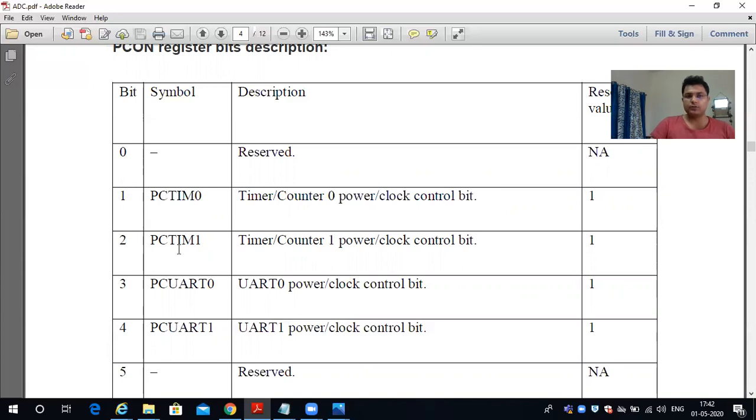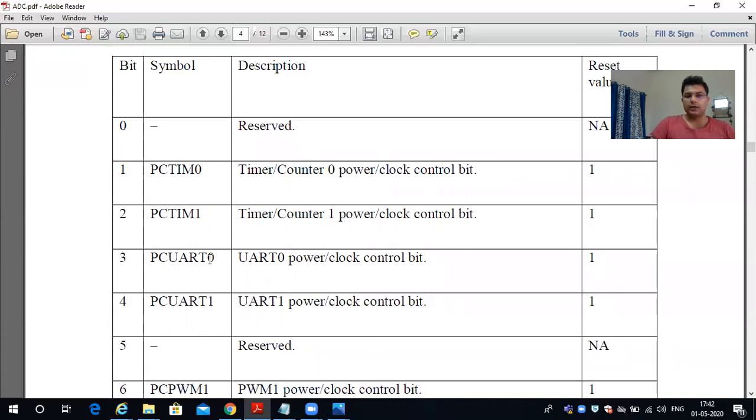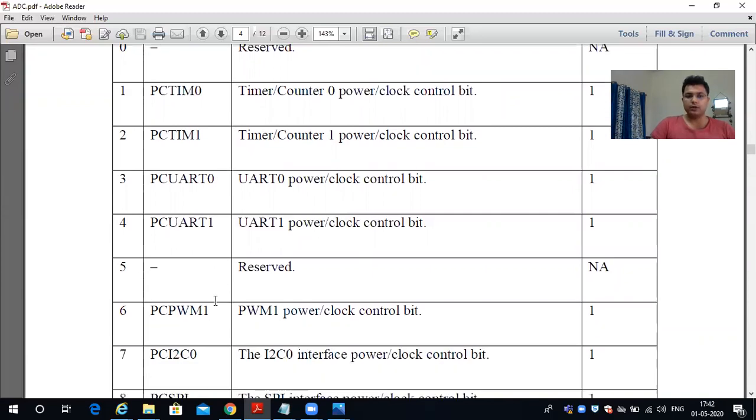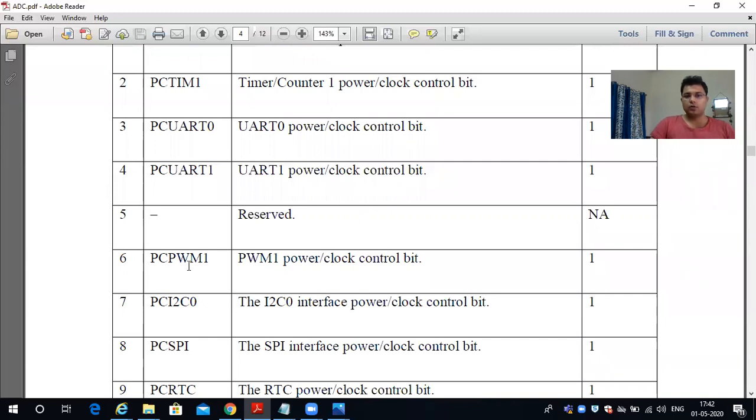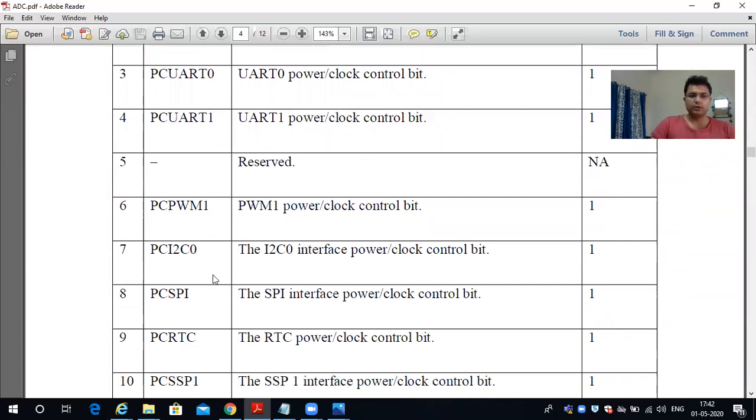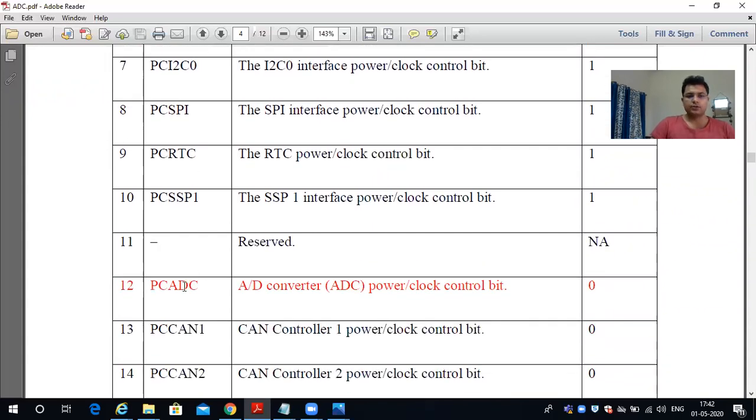Likewise, the second bit is for timer 1, and this is for UART 0. The fourth one is for UART 1. The sixth one is for pulse width modulation 1. Likewise, the seventh is for I2C. And this is the 12th bit. So in our situation, corresponding to ADC, we need to make the 12th bit 1 for powering up the ADC module.